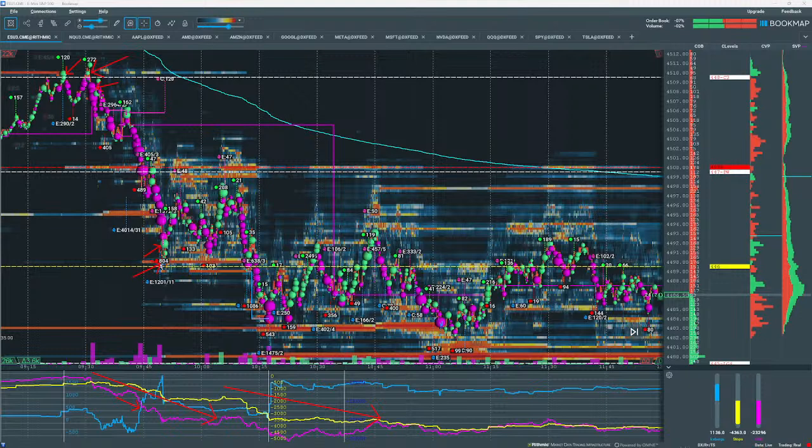So here's some of the sell stop orders shown by these bright red dots, helping to fuel the move lower. All right, so the target would have been the SPY 445 level, and price did not quite make it down to that level.